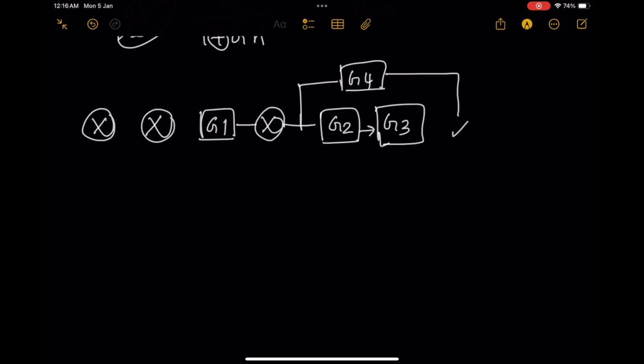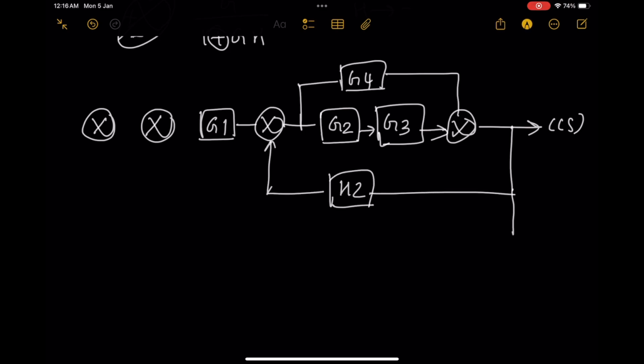This is the summing point out here, and we have the output. From there we have, I think, H2, and we have H1, which we have moved to this place.